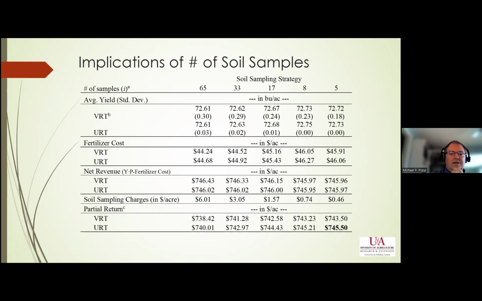So in terms of yields then, again, by soil sampling strategy, taking, again, low numbers, and I didn't do the 5A and 5B. I just picked one of those three at 5 soil samples or 10 to 12 acres per sample, and then all the way up to 65 samples.